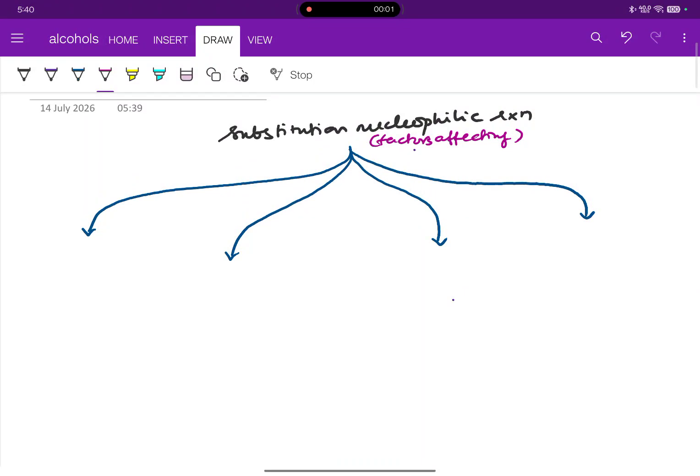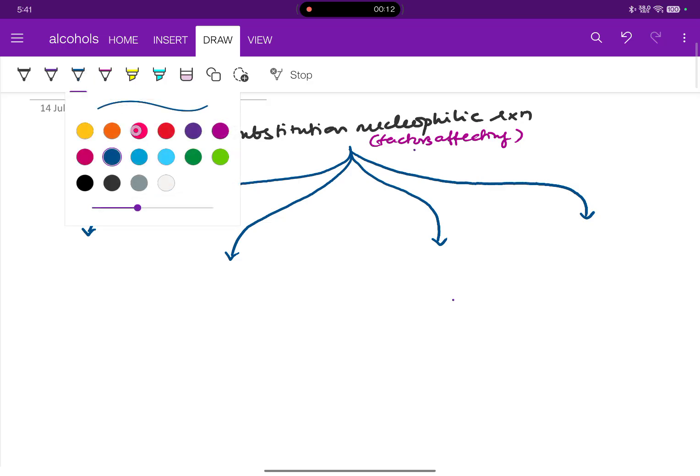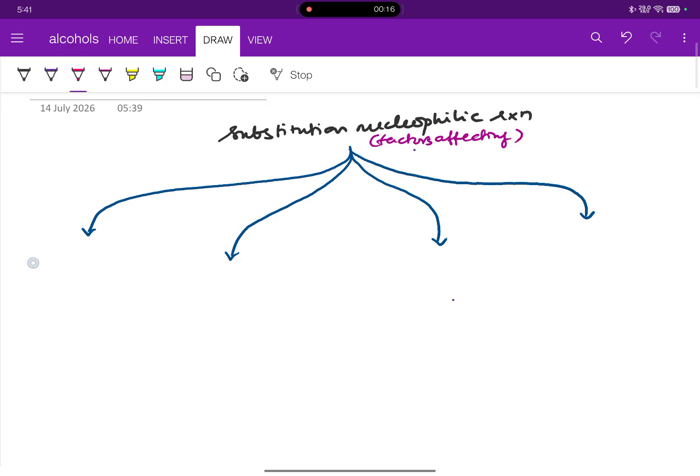When I say factors affecting nucleophilic substitution reaction, basically we have three to four factors. So we'll see all of them. The first factor would be the substrate. The second factor would be nucleophiles.